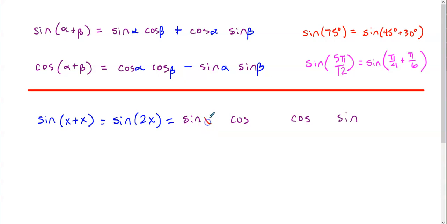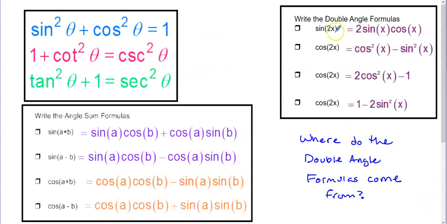I'm going to do the sine of x times the cosine of x, plus the cosine of x times the sine of x. Lo and behold, sine times cosine, cosine times sine, there's 2 of these. So sine of 2x is 2 sine x cosine x. And that right here is our first identity. We used this one here in order to get it.